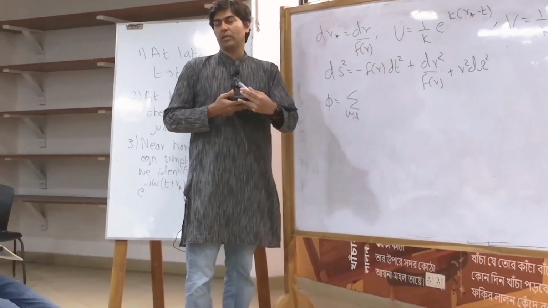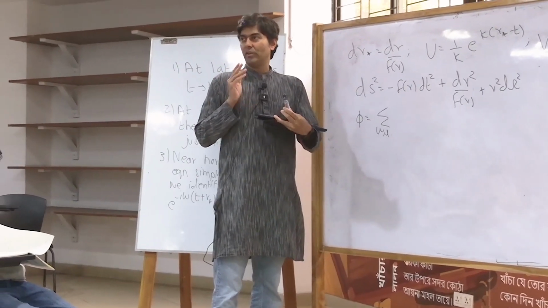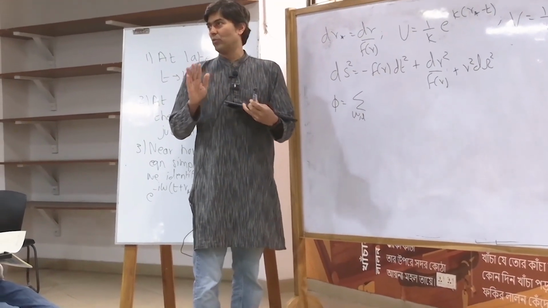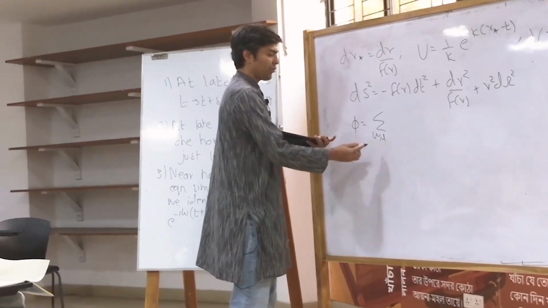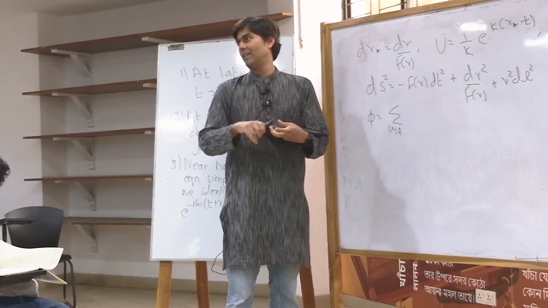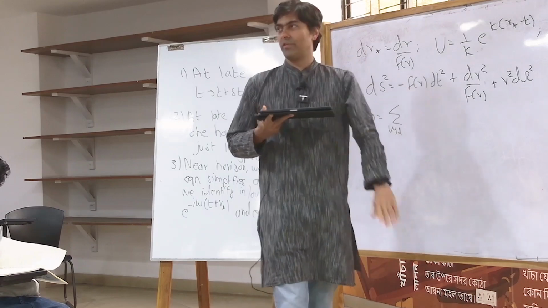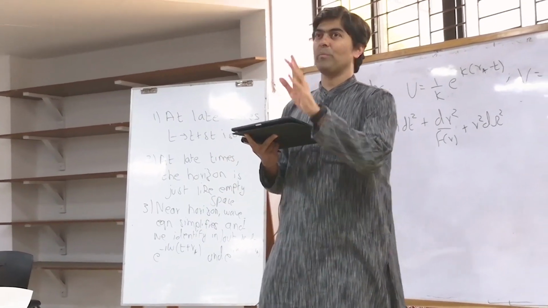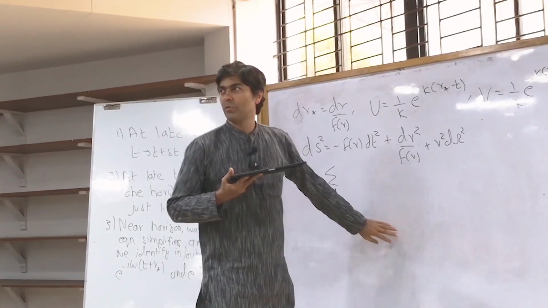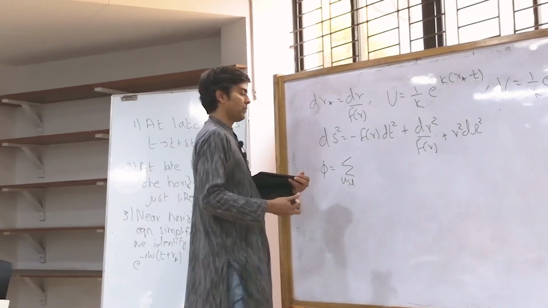It's not really a sum, the frequencies are continuous. So I should really write an integral d omega by square root omega. This is just shorthand for that. I'm writing sum of omega l, but please be careful when you write down the full formula. If you want to write it down carefully, you should write d omega by square root omega, put in all the 2 pi's. I'm not going to do that here, and I hope that doesn't confuse you.